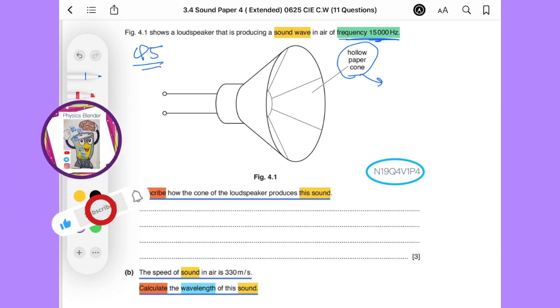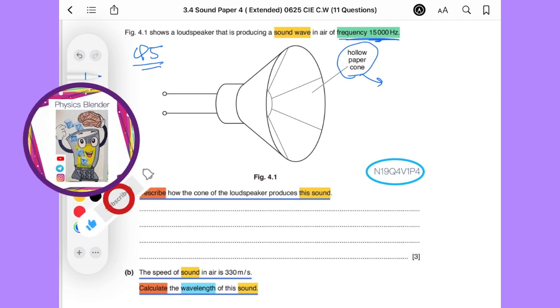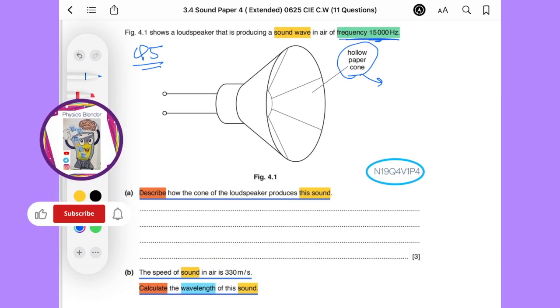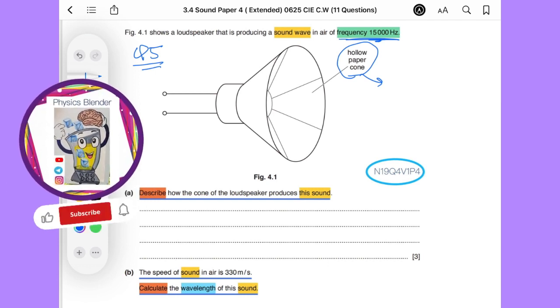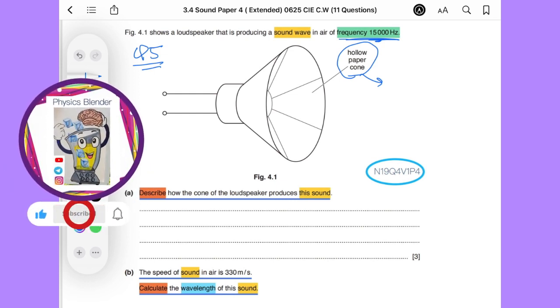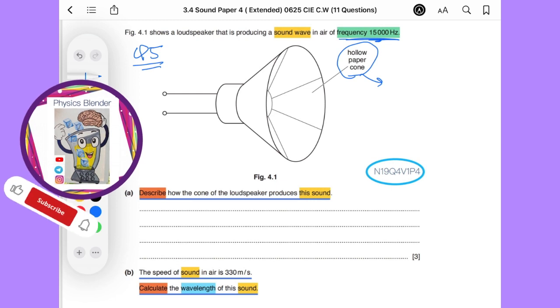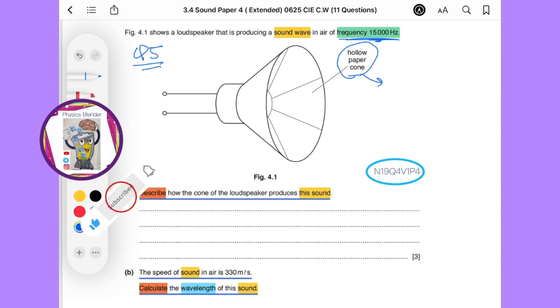The alternating current in the coil makes the paper cone vibrate in and out, and this happens 50 times per second. According to the country, the frequency of the generator could be 50 hertz, which means the current is alternating 50 times per second.